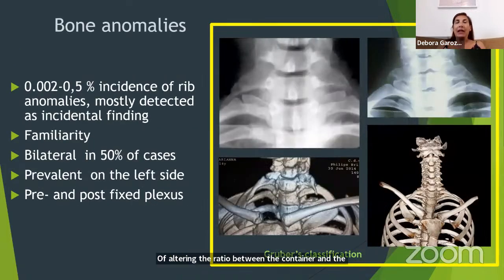Now let's start to talk about bone anomalies. Bone anomalies are represented by cervical ribs, which are actually mostly incidental findings, absolutely not related to triggering symptoms in many patients. And they might be sometimes associated with anomaly of the brachial plexus, like a pre or a post-fixed plexus, as Christian already mentioned during his talk.